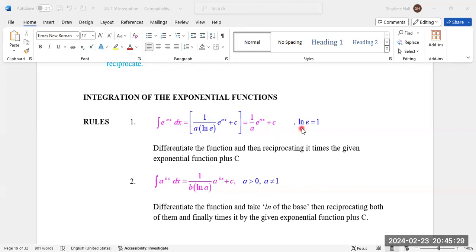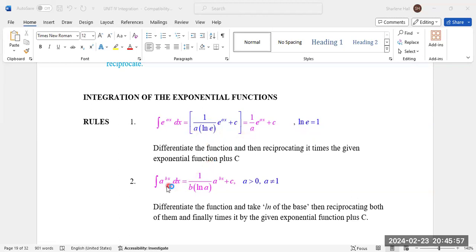But it so happens that ln e is equal to 1. So 1 times a is simply a.